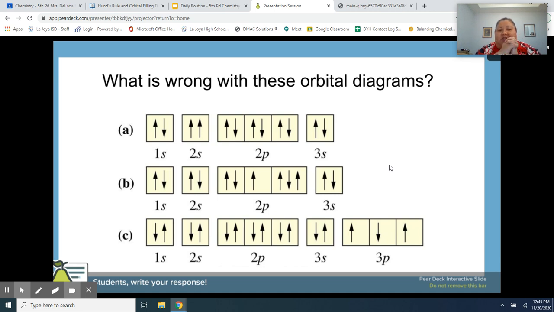Alexia, if you see what's wrong with letter A, you can come and talk about it already, or you can type it up. Whatever's easier for you. America, you know what's wrong with letter A? You're still figuring it out. Okay. Look at each box individually.